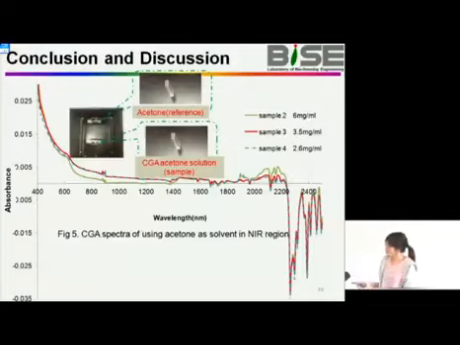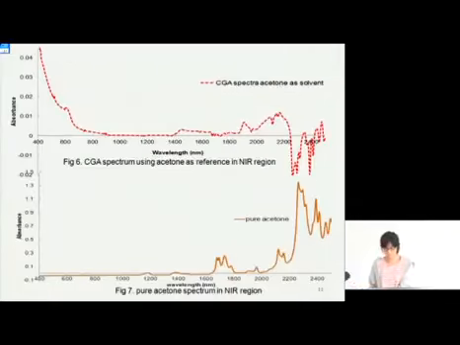Then I used acetone to conduct the experiment again. This time, CGA acetone solution was used as the sample and acetone was used as the reference. Then we can get the CGA spectrum again. These are different concentrations of CGA spectra. The upper figure is the CGA spectrum we get from using acetone as a solvent, and the figure below is the pure acetone spectrum.